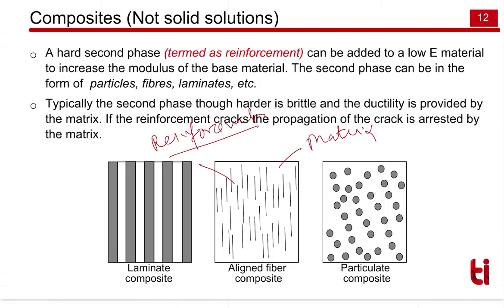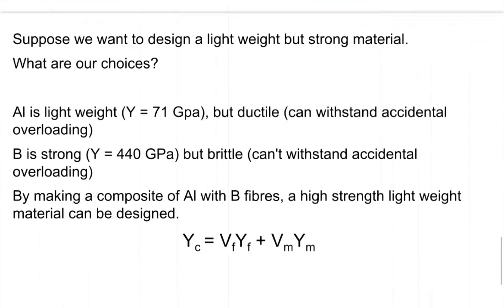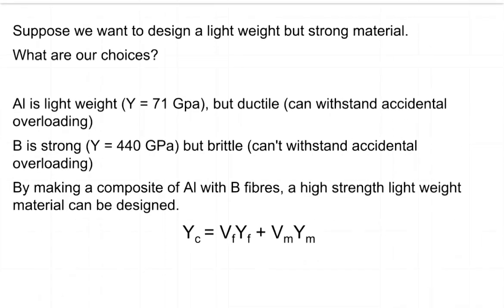So we can have different kinds of composites depending upon what kind of reinforcement you are doing. Here, let us suppose this is aluminum and you have embedded particles of some ceramic material. So you can design the modulus. As a summary, if you want to design a lightweight but strong material, what are your choices?